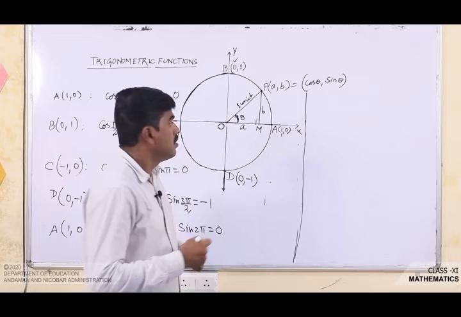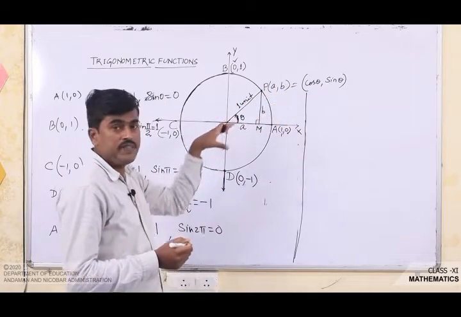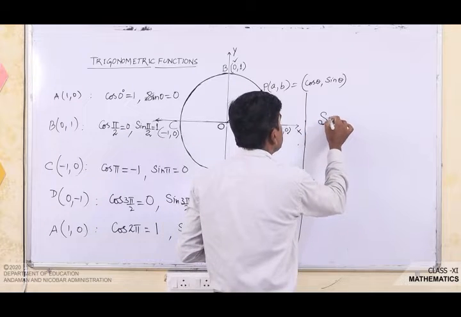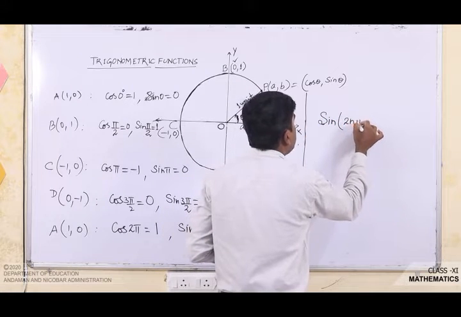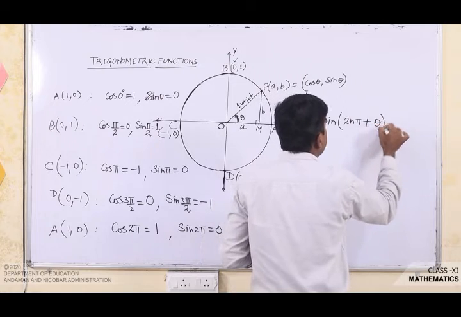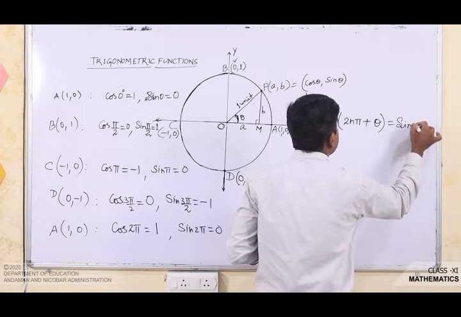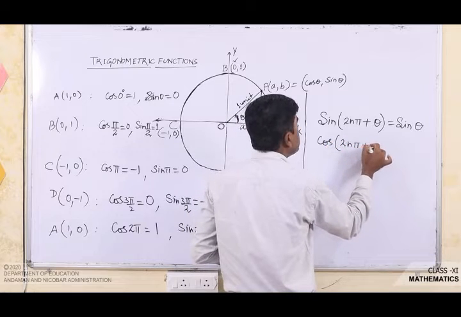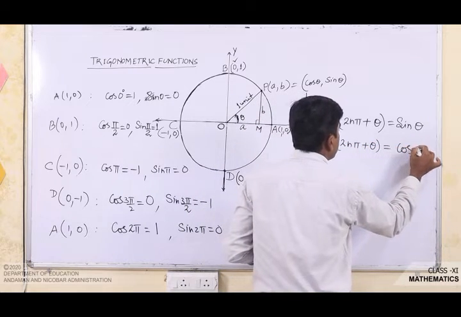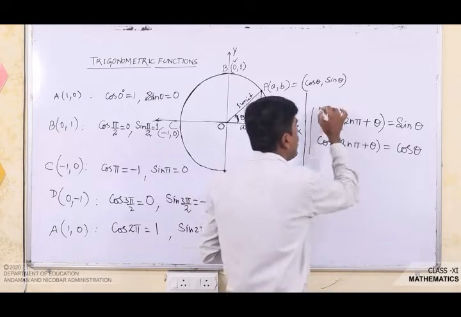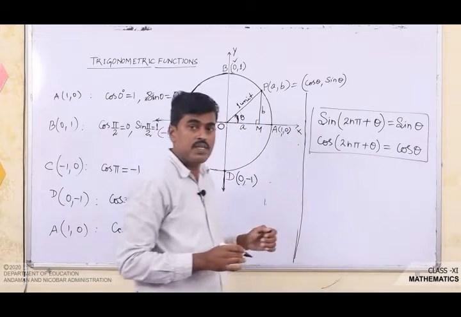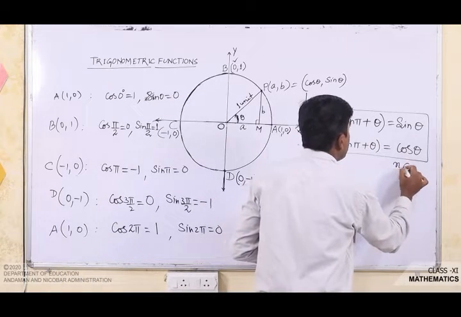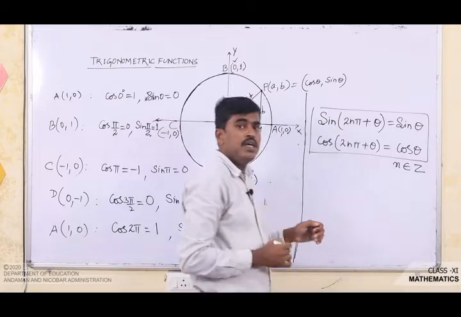In general, the sine and cosine functions repeat after an interval of 2 pi. So we can write sin of 2n pi plus theta is equal to sin theta, and cos of 2n pi plus theta is also equal to cos theta, where n belongs to Z and may be any integer.